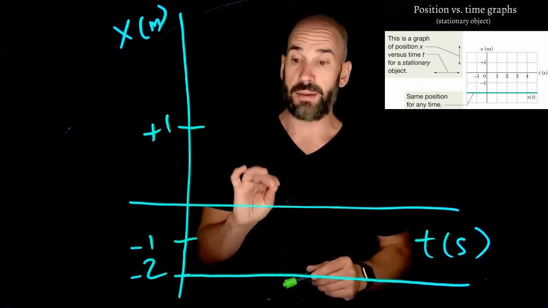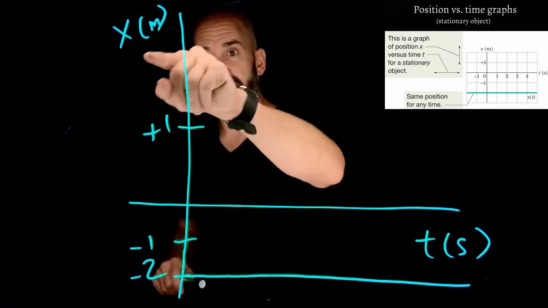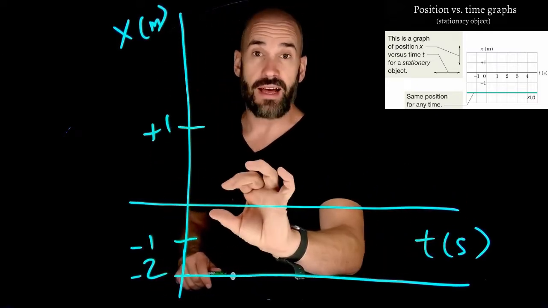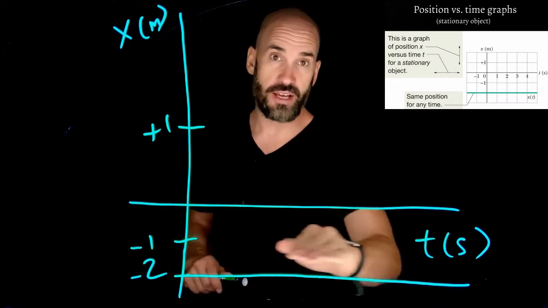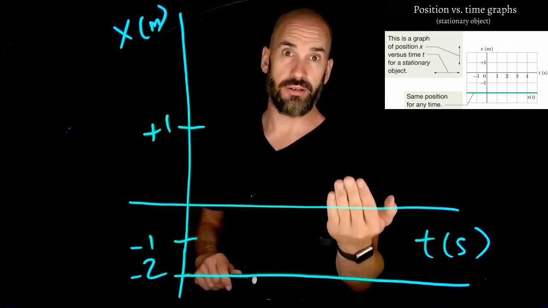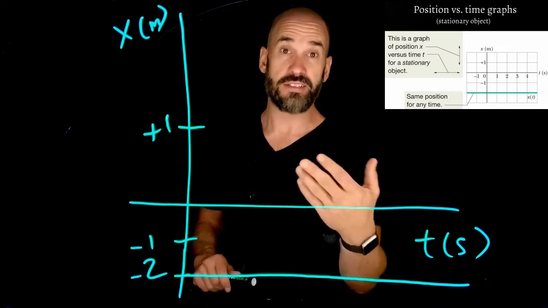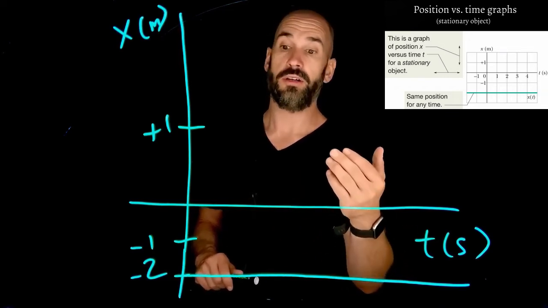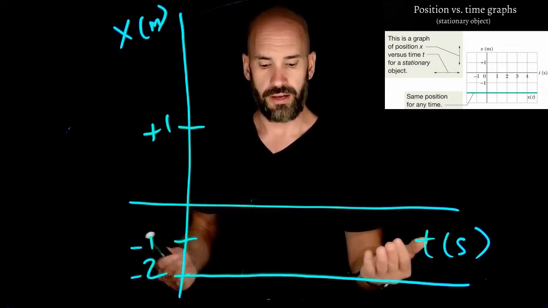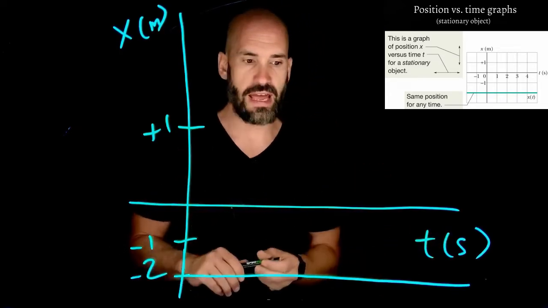So a stationary object is going to stay at the same position regardless of how time changes, right? Any time that you have a horizontal line in a position versus time graph, you have stationary motion, or zero velocity, or an object that's simply not moving. Okay? All right. So that's the simplest example we have.